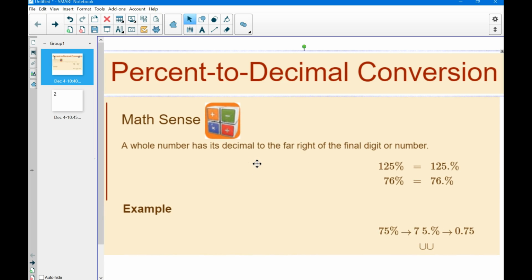They say a whole number has a decimal to the far right of the final digit of the number, and what they're saying is right here. See the decimal located there. What they're showing you is, basically, if you have 75%, you take the decimal and move it 2 places to the left, it becomes 0.75.